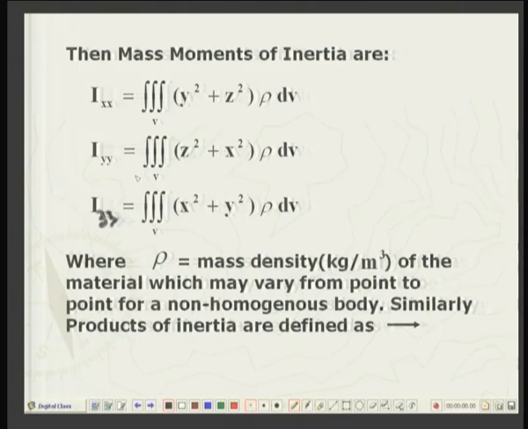So, from point to point the density of the particles can be variable, then rho is itself a function of x, y, z. But on the other hand, if the body is homogeneous, then rho is a constant quantity and it can be taken outside the integration sign.